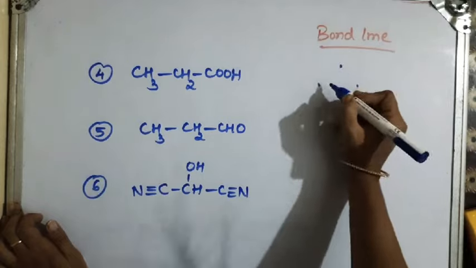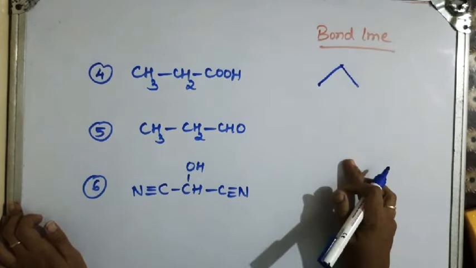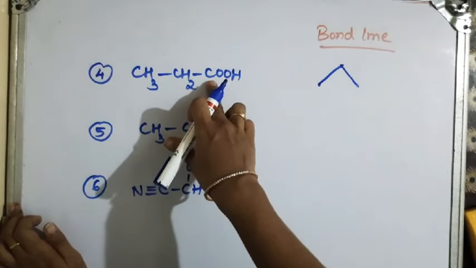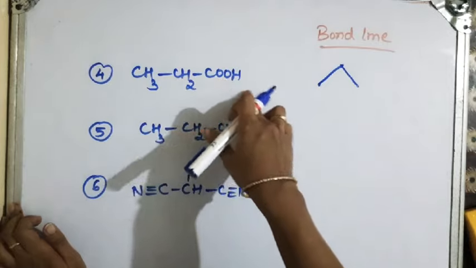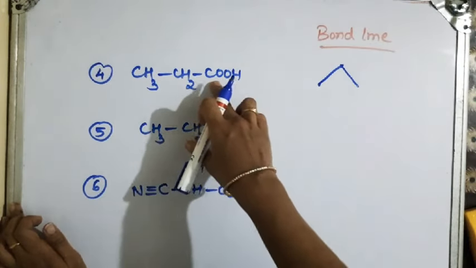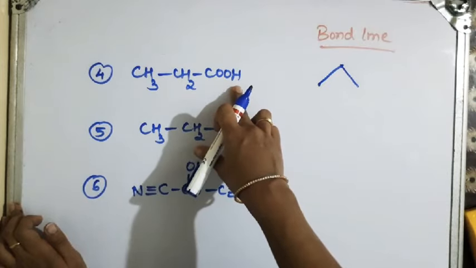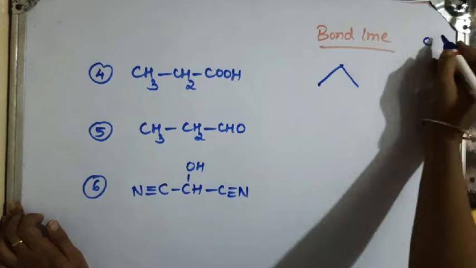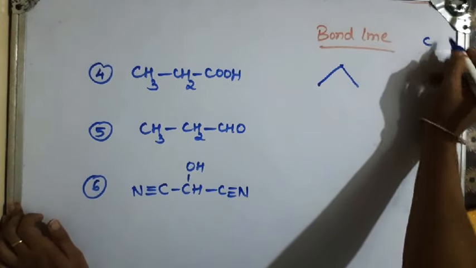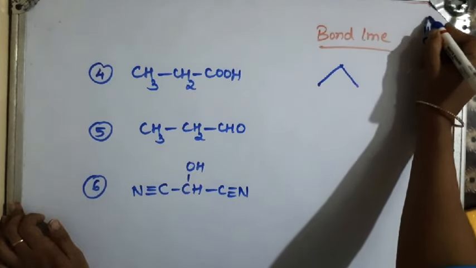What bonds do the 3 carbons have? Single bonds. So which group is here? The last carbon is connected with OOH, correct? So this is carboxylic acid, and how is the bonding in COOH? How much valency should carbon have? 4. So how is the 4 satisfied? It is connected in this manner.